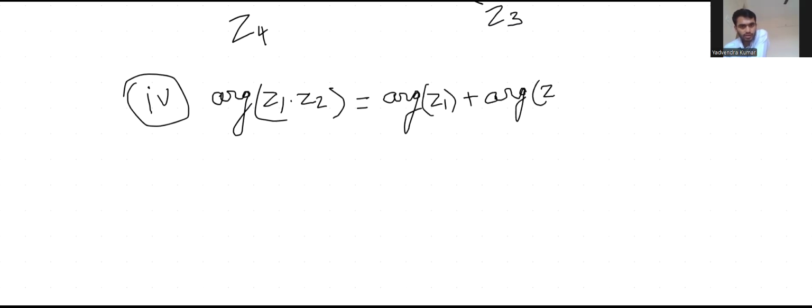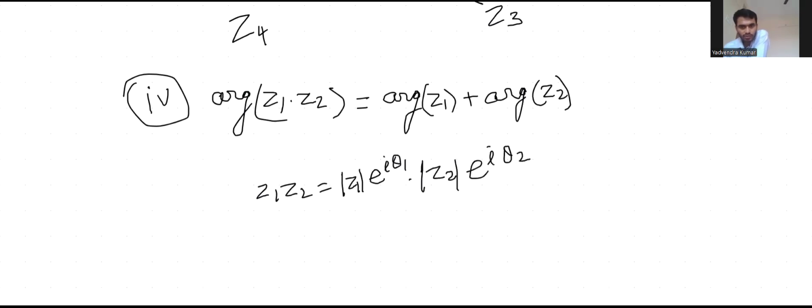How? See, Z1 Z2 can be written as modulus of Z1 e to the power iota theta 1 into modulus of Z2 e to the power iota theta 2. So what we are getting is modulus of Z1 Z2 into e to the power iota theta 1 plus theta 2.